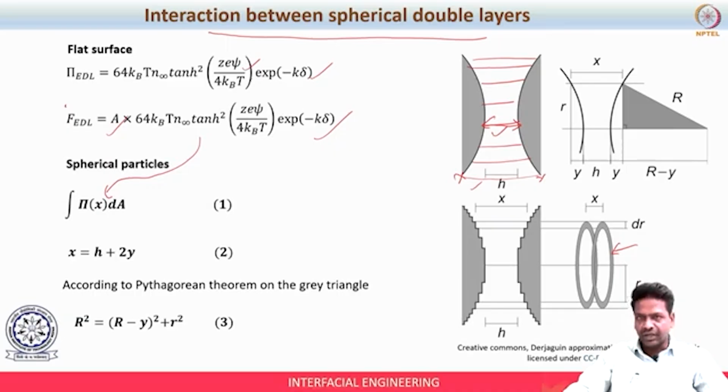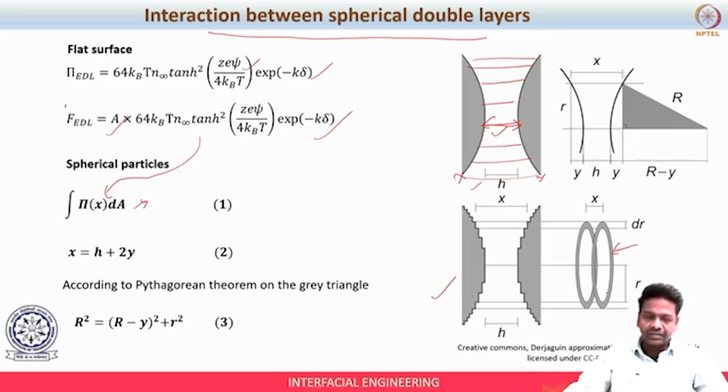Then I will be able to get the total interaction of the spherical particle. So that is the strategy Derjaguin has used. So what we will do is use this equation as it is, that is pi of x multiplied by dA. dA will be, because we consider it a flat plate, although it is cut down from the spherical or curved surface.